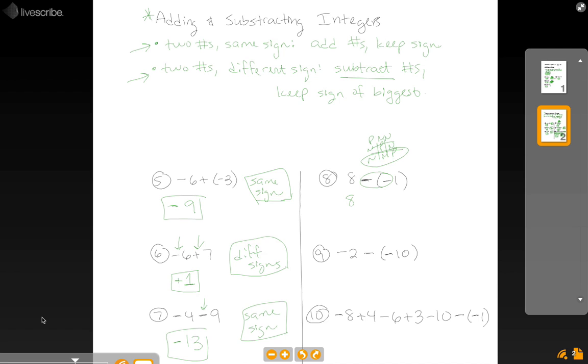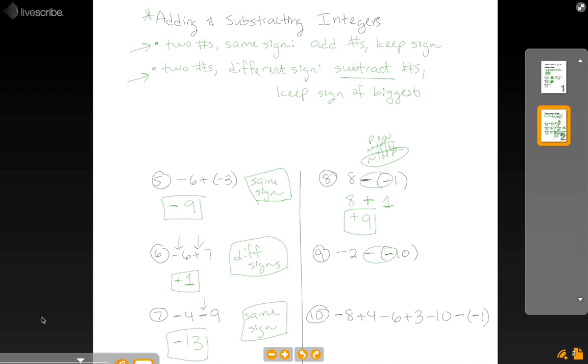A negative times a negative gives me a positive, so those two negatives multiply to a positive. So that becomes 8 plus 1. At this point I have two positives, +8 and a +1, so I'm just going to add them and keep the sign. It's a +9.